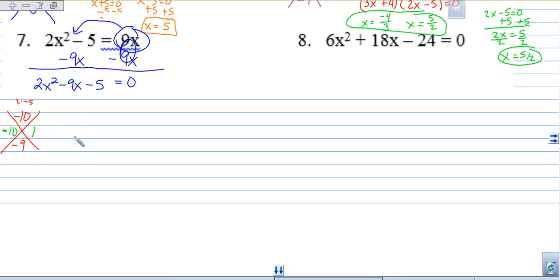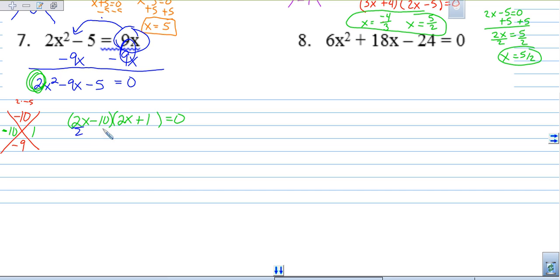Okay? So then we draw our parentheses. Set it equal to 0. You take your front number here, we'll take this one, which is 2, and you put that x on it, and then you put minus 10, and then plus 1. What goes into 10 and 2?